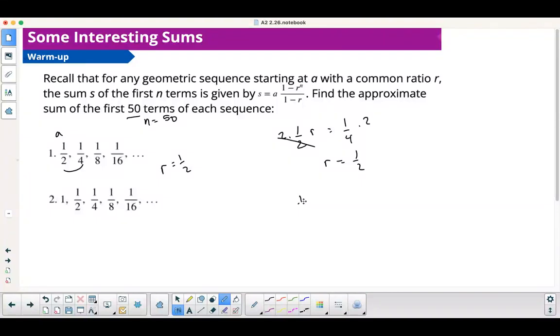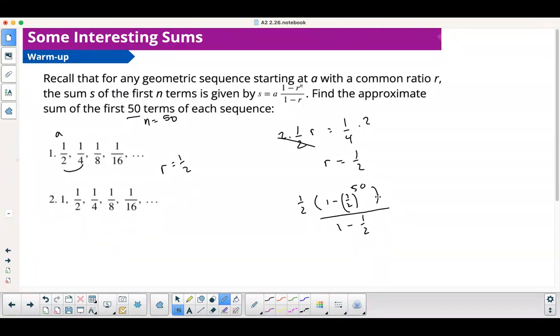So the initial value is 1/2 times 1 minus 1/2 to the 50th, over 1 minus 1/2. Now you gotta be careful with your calculator here. Make sure you type it in correctly.